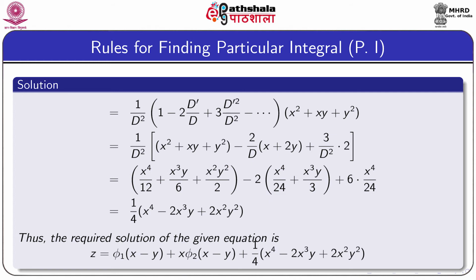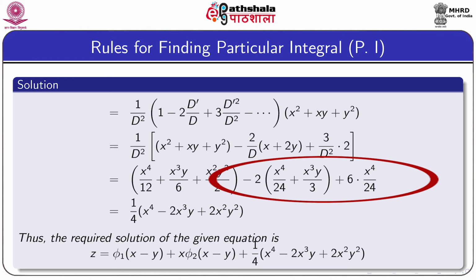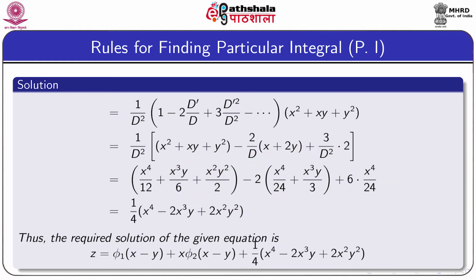Now, come to the second term, 2 by d operating on x plus 2y, that means you have to operate 2 by d square on the term x plus 2y. So, it gives minus 2 into x to the power 3 by 6 plus x square y by 1, and the last term gives the second time integration on the function 2. So, it is nothing but integration of 1 twice with respect to x.